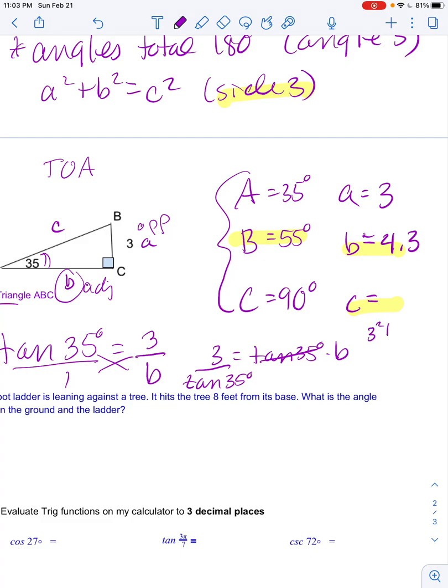So I can take 3 squared plus 4.3 squared to get c squared. So I'm going to have 9 plus 4.3 squared. And then I'm going to square root, because this comes out to be about 27.49. I'm going to square root that. And c is 5.2.